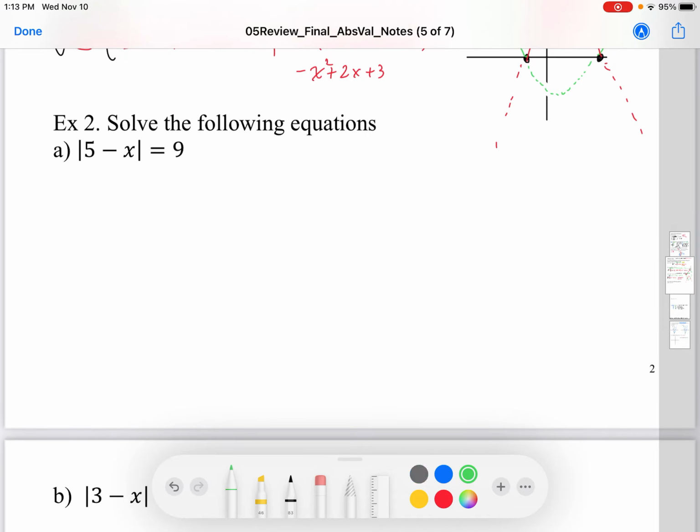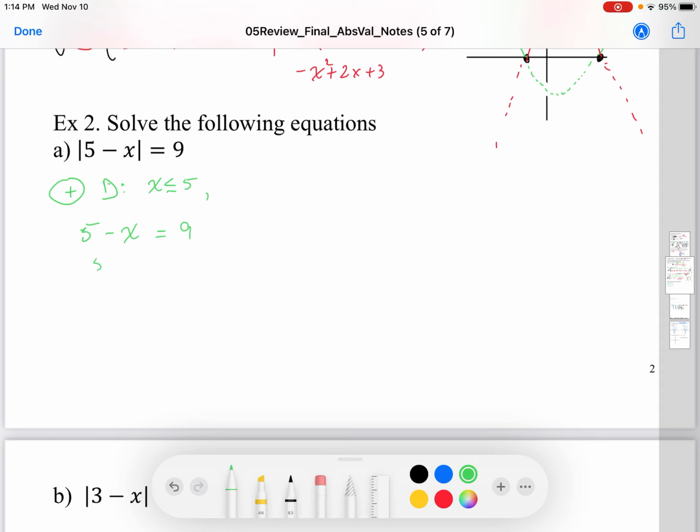So solving equations is the same thing. We still need to consider the positive and negative versions. So I have to consider the positive value. The positive domain is when x is going to be less than or equal to 5, because as x gets smaller, that remains positive. And if that's the case, I'm solving the equation 5 minus x, that positive value, is equal to 9.